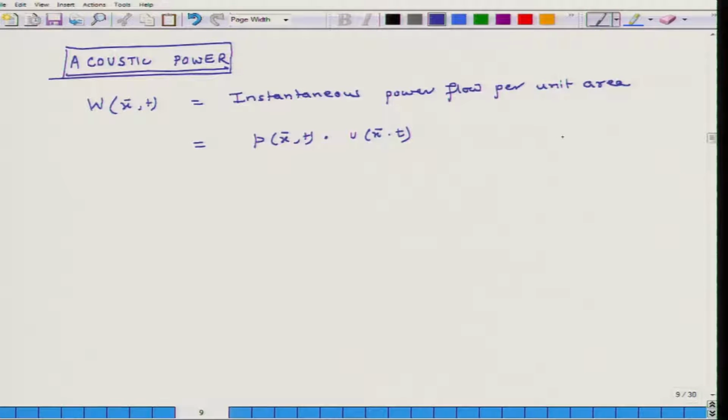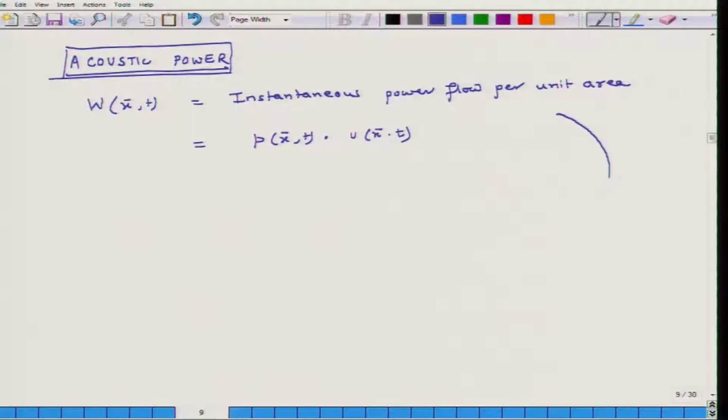Suppose I have a surface, an imaginary surface, and the pressure is like this. Let us draw a better picture.